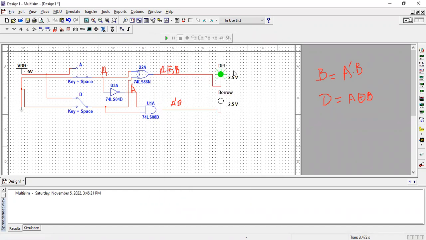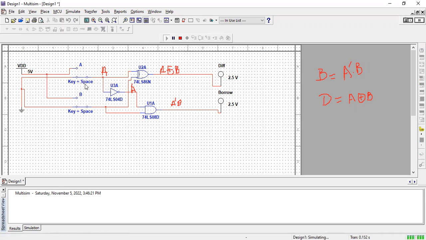So you can see that now my design is according to my output equations, difference and borrow. Now we need to start our simulation work in order to verify our theoretical concept and truth table. Next, let's start. We need to run this simulation.